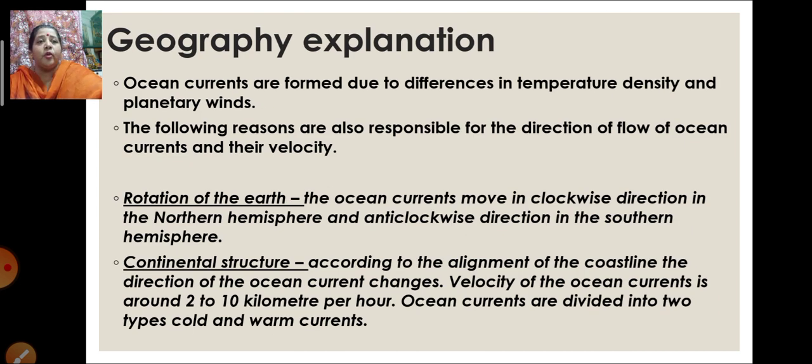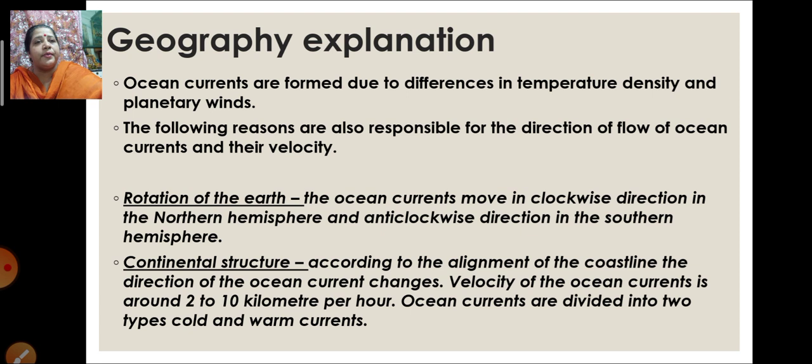Ocean currents are formed due to differences in temperature, density and planetary winds. Okay, just as we have already learned previously, how are ocean currents formed? Just because of the differences in temperature, density and planetary winds. The following reasons are also responsible for the direction of flow of ocean currents.